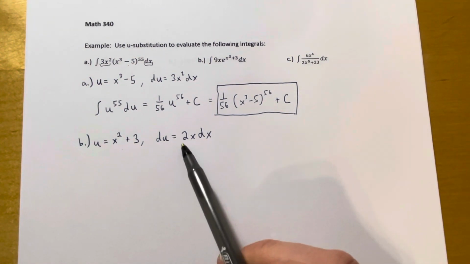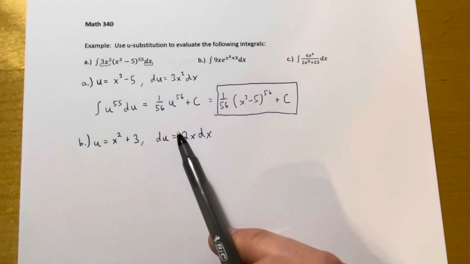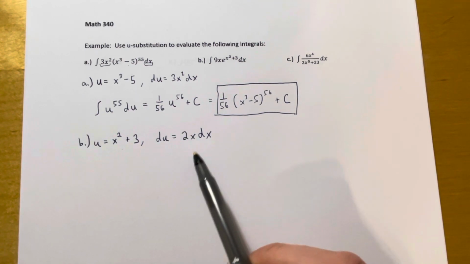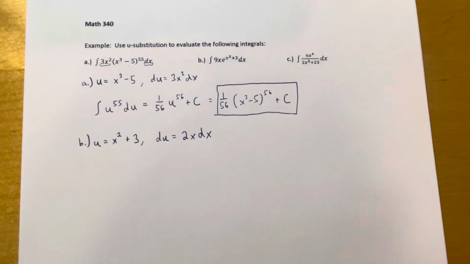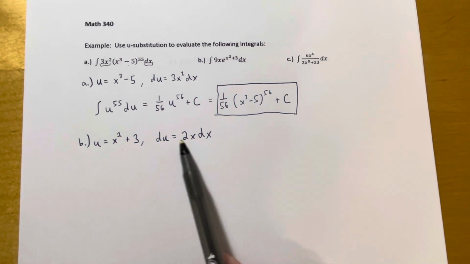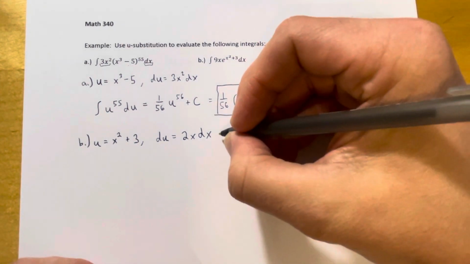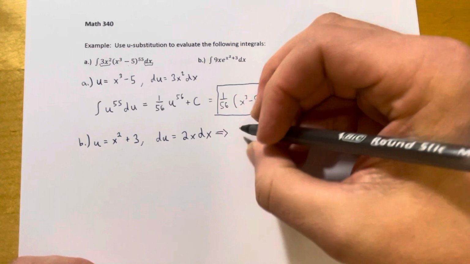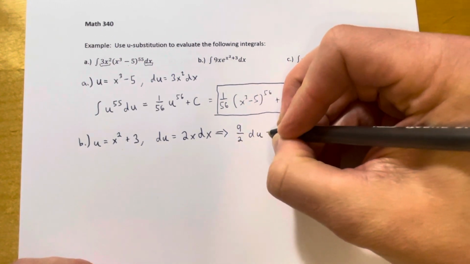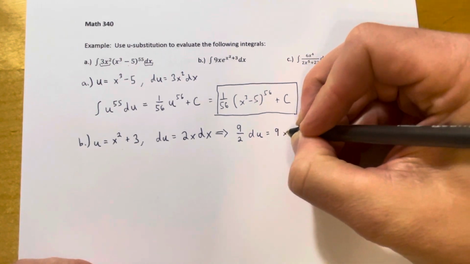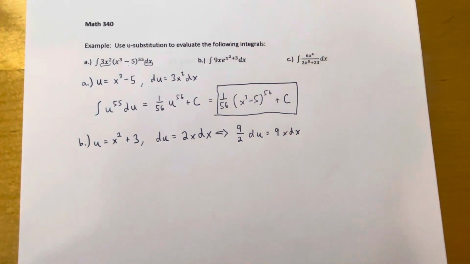So the 2 in the denominator would cancel with that 2, and the 9 in the numerator would replace that, and it would become 9x. This is an equation, so I'm allowed to do that. I'm allowed to multiply by 9 halves as long as I do it to both sides. So I'm going to slightly manipulate this and write this as 9 halves du equals 9x dx, okay?